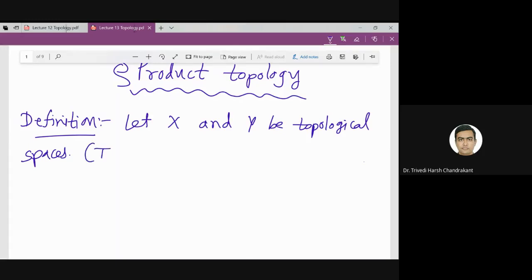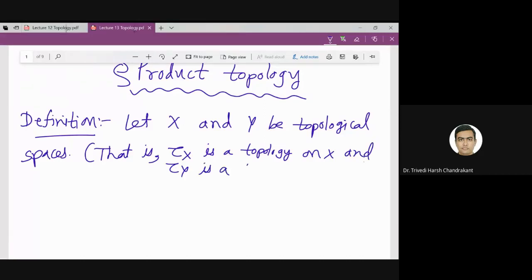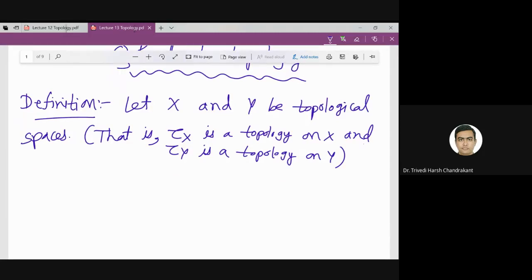That means tau X is a topology on X and tau Y is a topology on Y. This is not part of the definition. This is just the meaning of the first sentence, that X and Y are topological spaces.